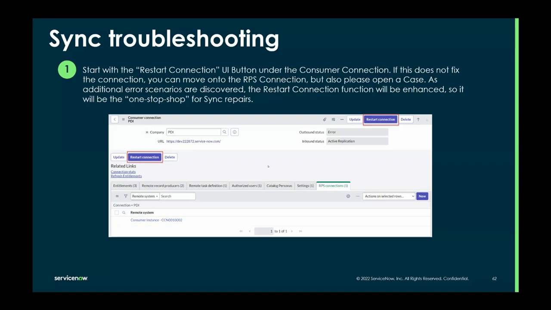That being said, it will be additive. I would recommend starting there, but I know there are issues today that will not be fixed, and I'll demonstrate one of those.